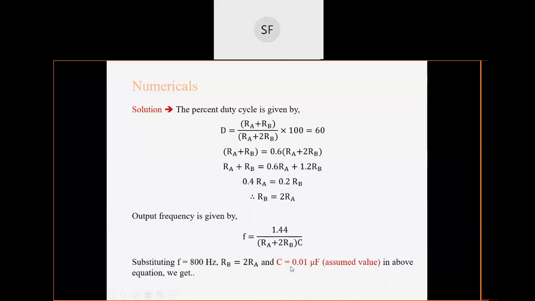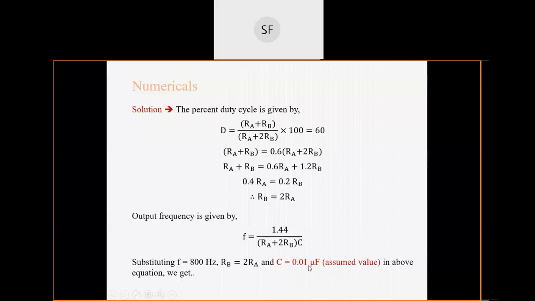Right? And again, why have we used the capacitor? Because these are the standard capacitors which you generally use in practicals: 0.1, 0.01 or 1 microfarad. So generally standard values of capacitor are assumed and resistor values are found out.